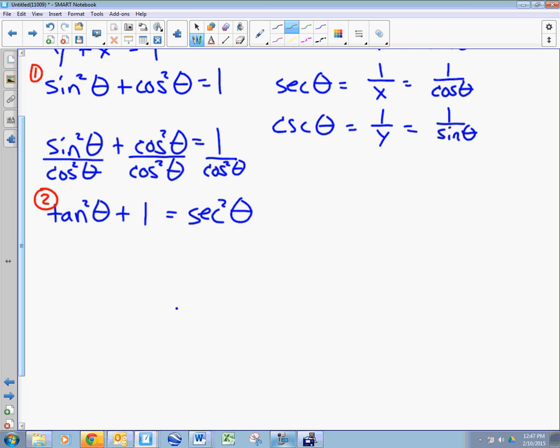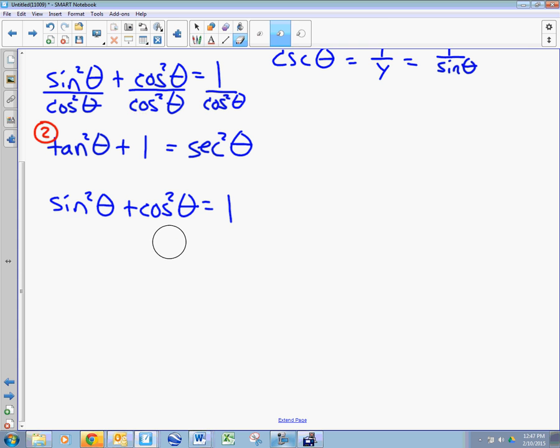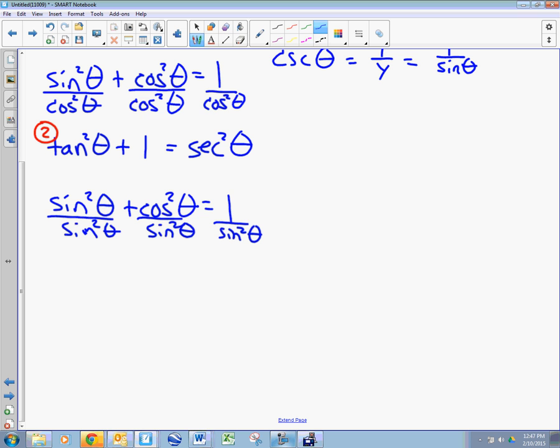And again, I will give you a sheet with all this on it, but if you have to construct it, it generally helps. Okay, and then one more. So I've got that. Now I'm going to do it again. Sine squared of theta plus cosine squared of theta is equal to 1. And this time I'm going to divide through by sine squared. What's sine squared divided by sine squared?